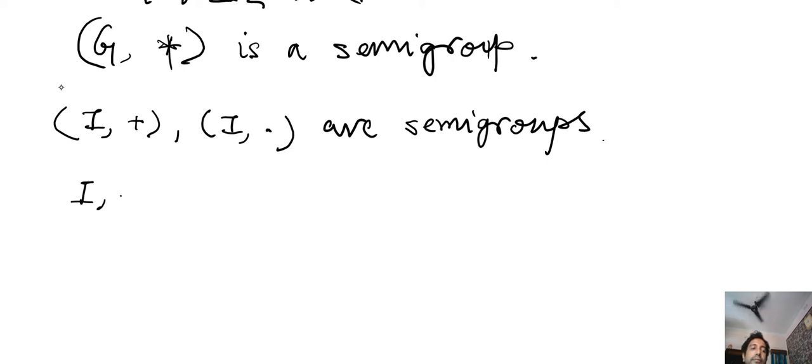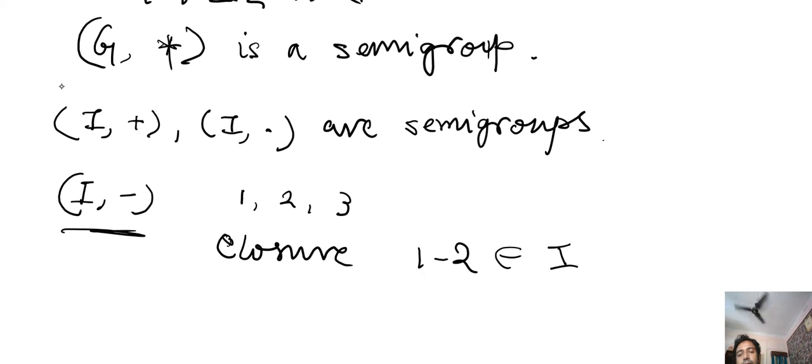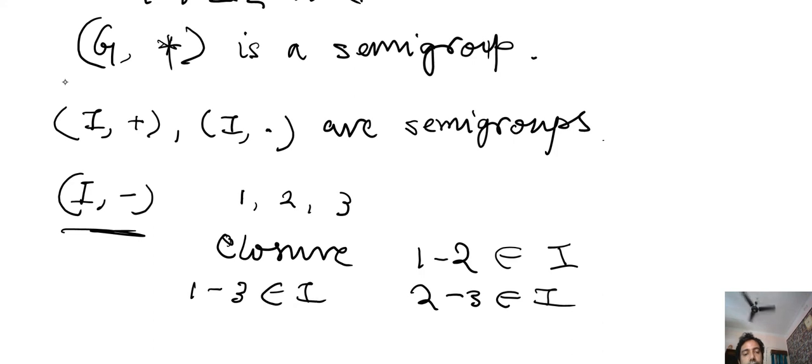Now, what about integers with subtraction? Is it a semigroup? We have to check two things. Take three numbers, 1, 2, and 3. Does closure hold? 1 minus 2 belongs to I, 2 minus 3 belongs to I, 1 minus 3 also belongs to I. Closure holds.